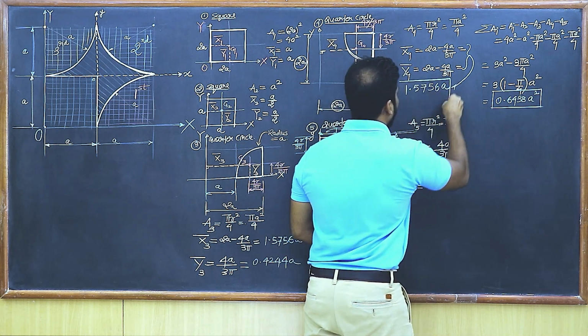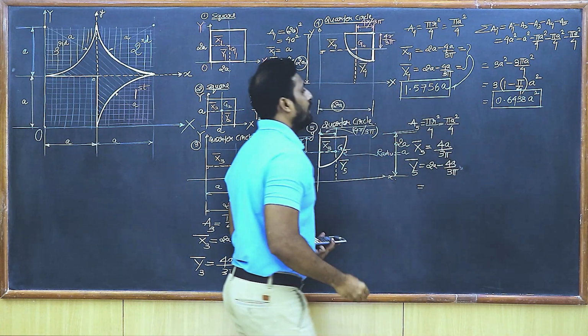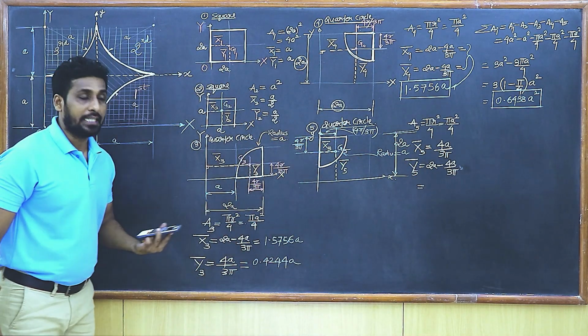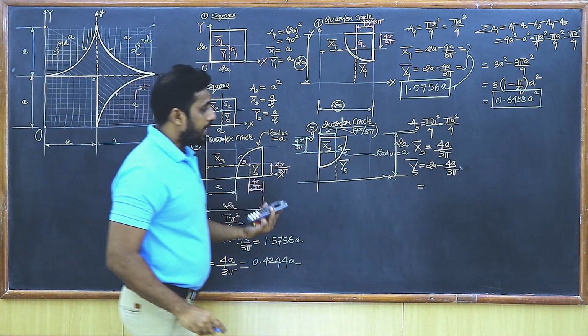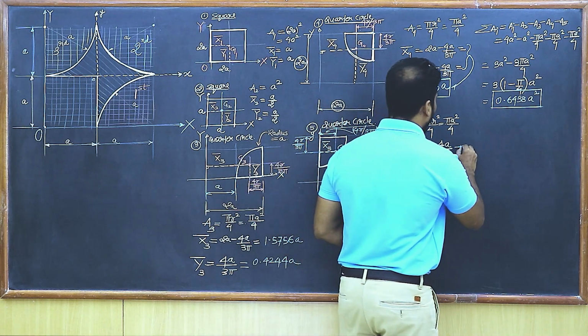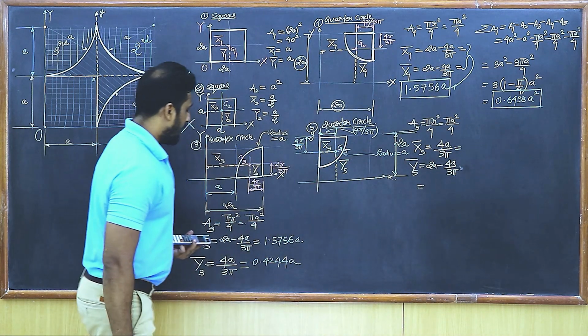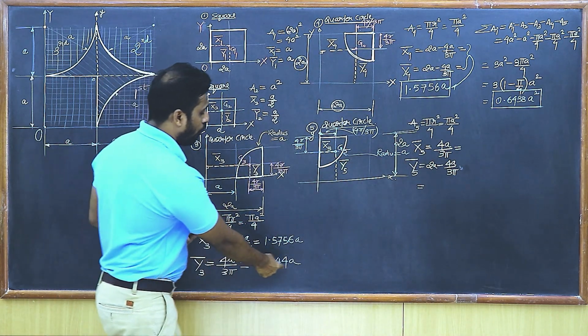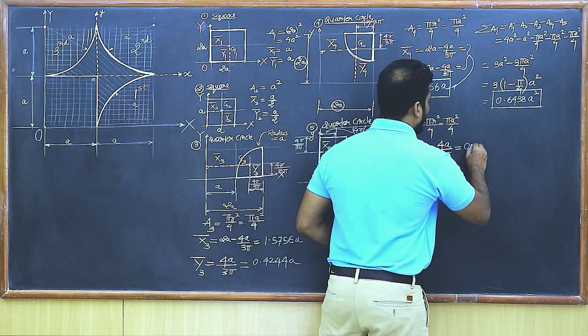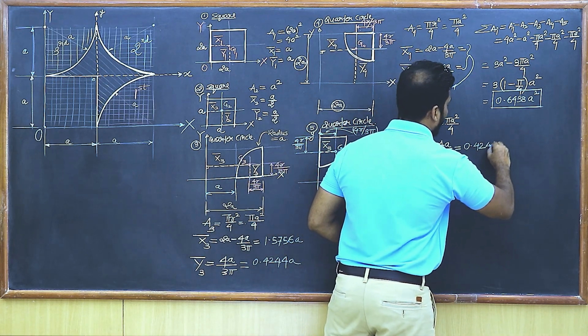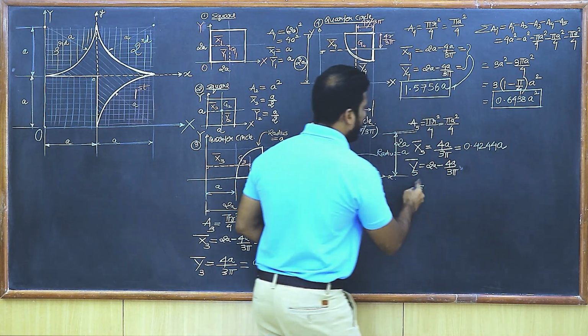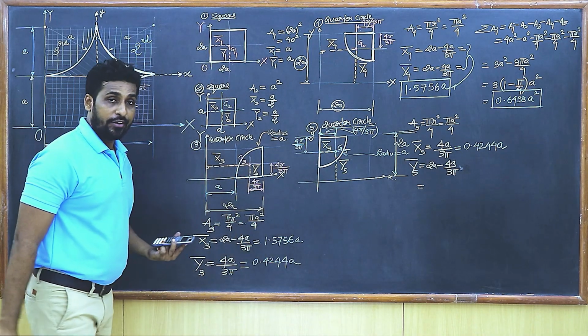Let's move further to x5 bar. x5 bar is 4a upon 3 pi. I have done the value of 4a upon 3 pi. It was 0.4244a. So I write here 0.4244a.